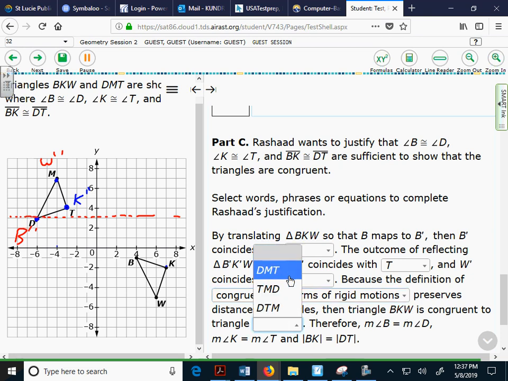Now, with these options, you want to make sure that the angles line up. So we are going BKW, B goes with D, K goes with T. So it's got to be that guy.